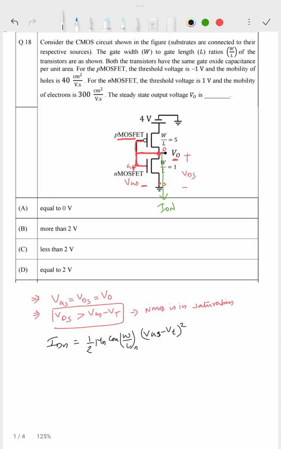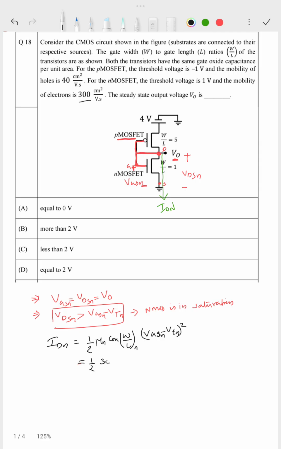I will denote this as VGSN and VDSN, showing that it corresponds to the NMOSFET. Here mu n of the NMOS is 300.